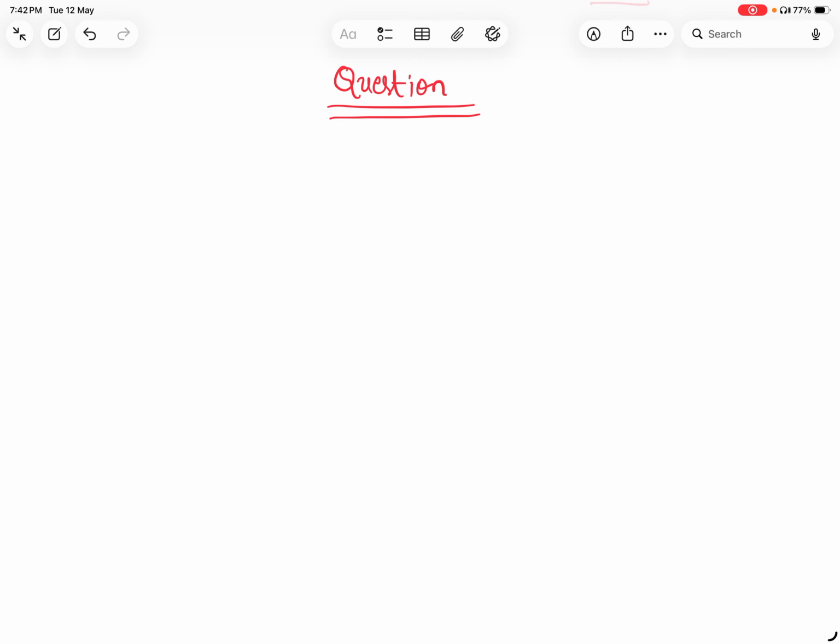Today we are going to see another important question. Let's see what that question is. Let p be the PMF, where PMF is the probability mass function.